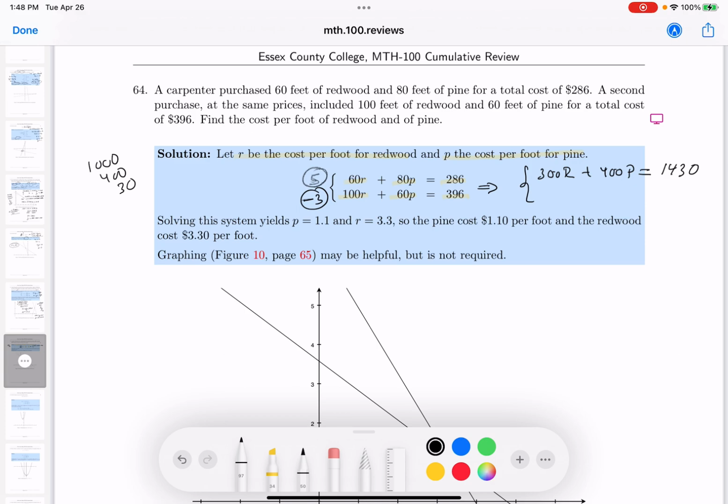Let's do minus 3 times the second equation. That's minus 300R minus 180P.